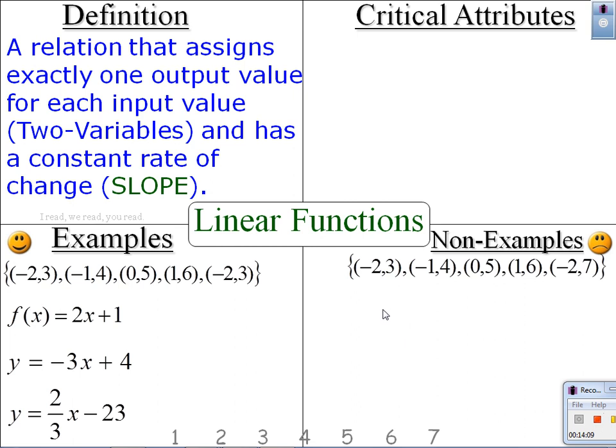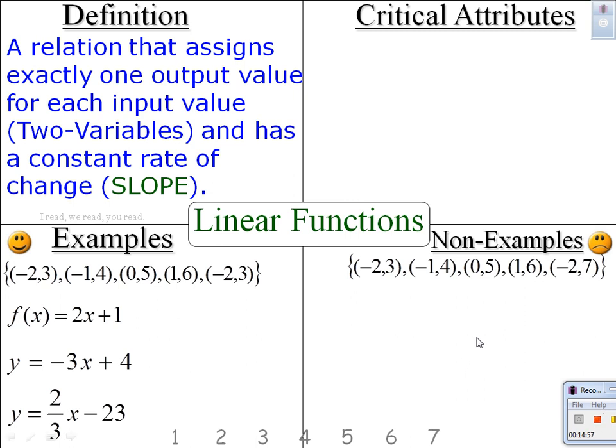Because it has 2 repeated x values is not quite correct because this one also has 2 repeated x values and it is a function. So can you finish it out? Because it has 2 repeated x values and the y is not the same. Hands if you agree with that? Yes. So this one, the -2 repeats, but the y's are different. All right.